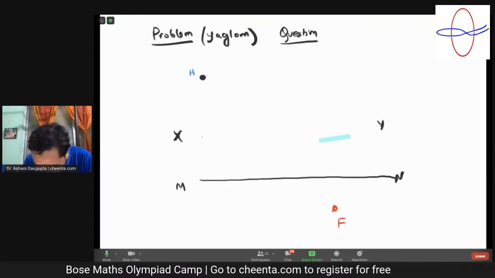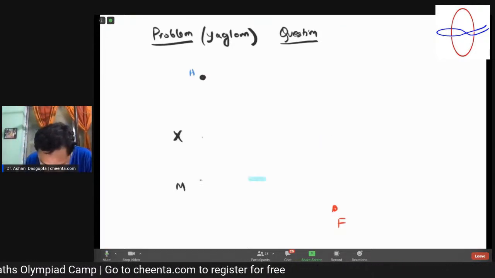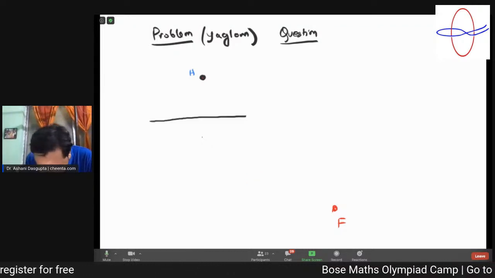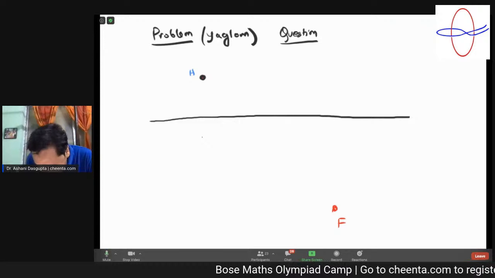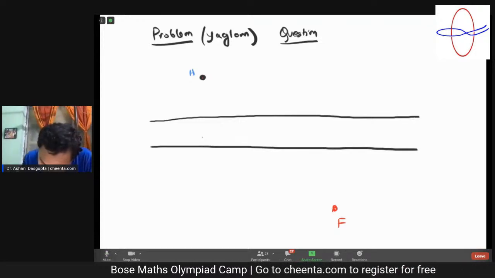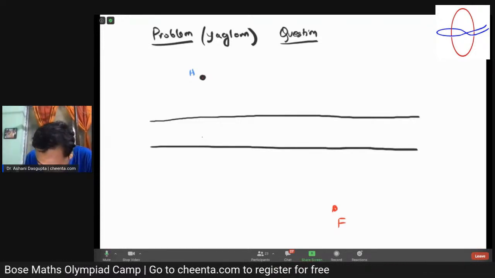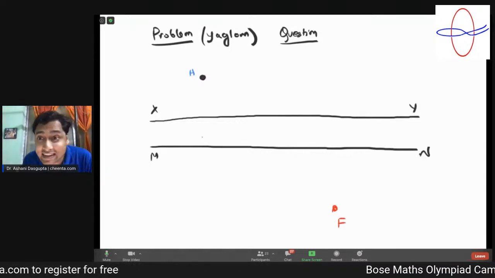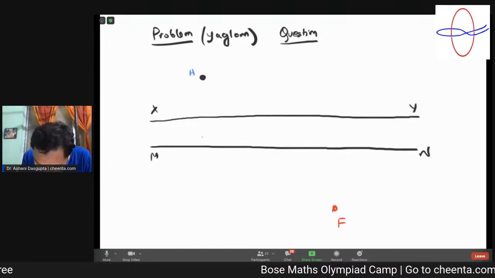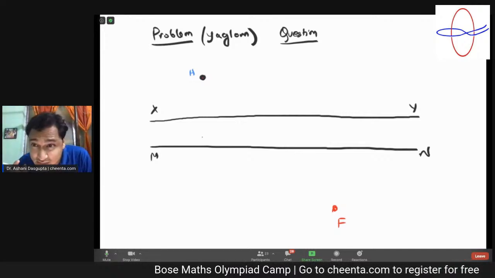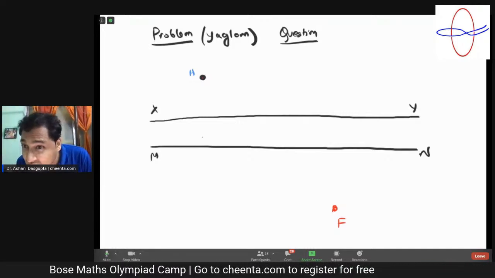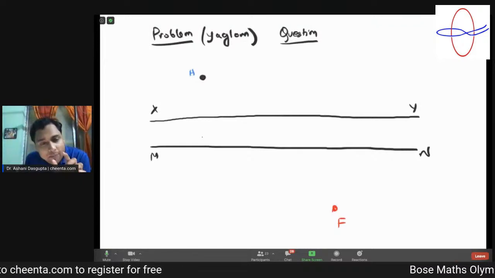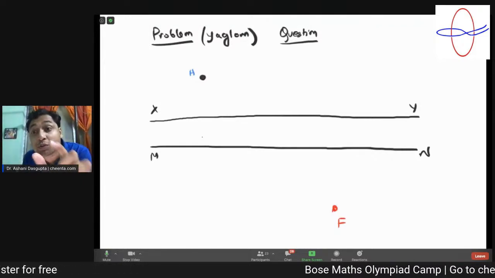One moment, Shaurodeep. You have a very good idea. Let's do exactly what Shaurodeep is saying. So let me draw a thin river so that we can actually do this. XY, MN. For those who have joined late, I will remind you that we are using translation. Translation is a parallel shift. You are pushing an object to a new position.